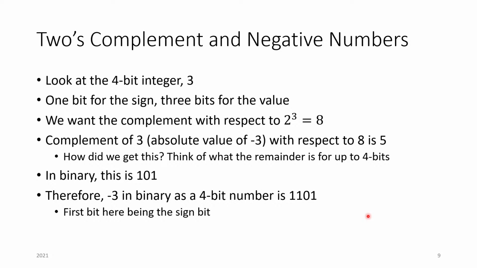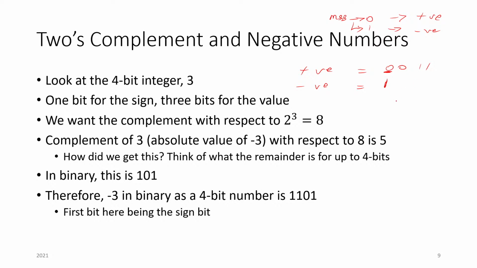So let's see the steps on how we did this. The positive version of this for a 4-bit number would be 0011. For a negative number, the most significant bit here represents a sign, so 0 is positive, and 1 here is negative. So we have a 1 here.